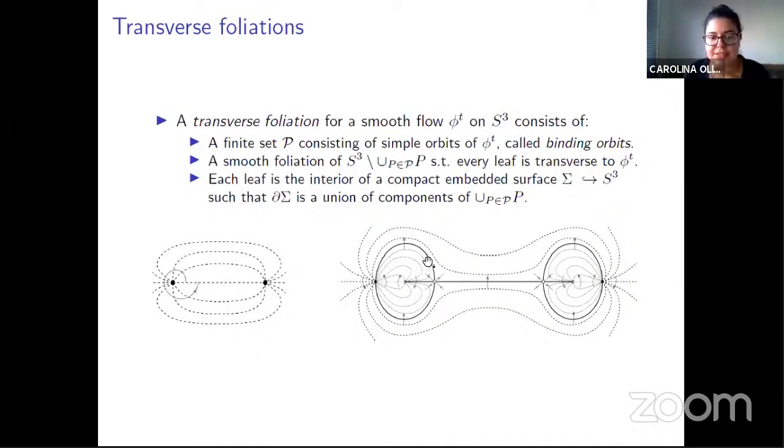For instance, in this picture, you have a finite set of leaves so that all of the orbits of the flow intersect some of these leaves. So it's not as good as a global surface of section, but you can extract some information. Sometimes you can prove the existence of periodic orbits or homoclinics, positive entropy, and these kinds of things.